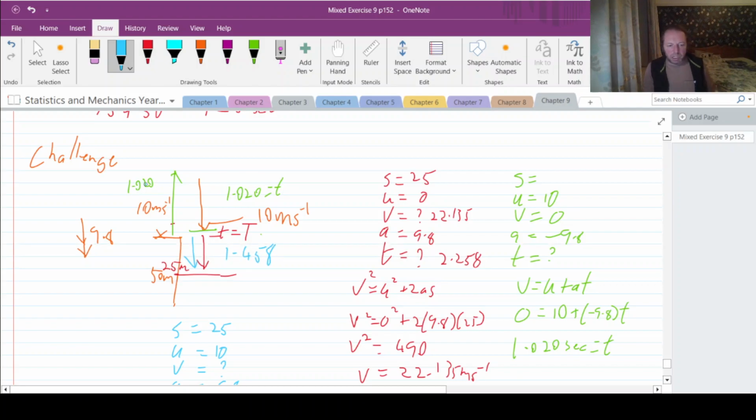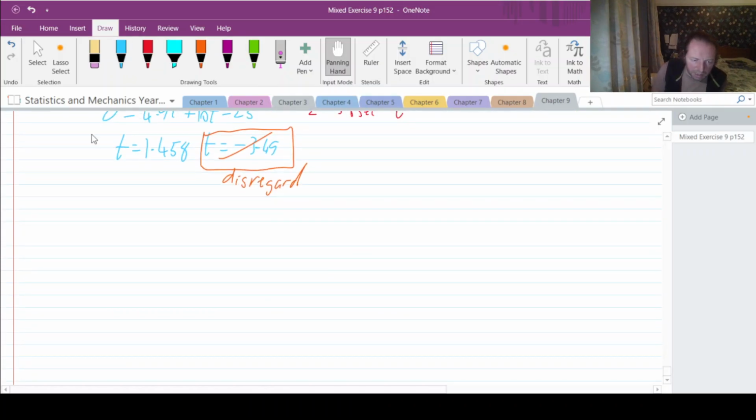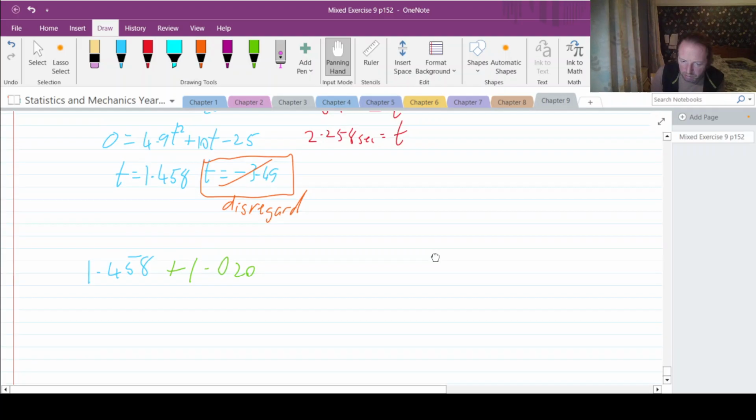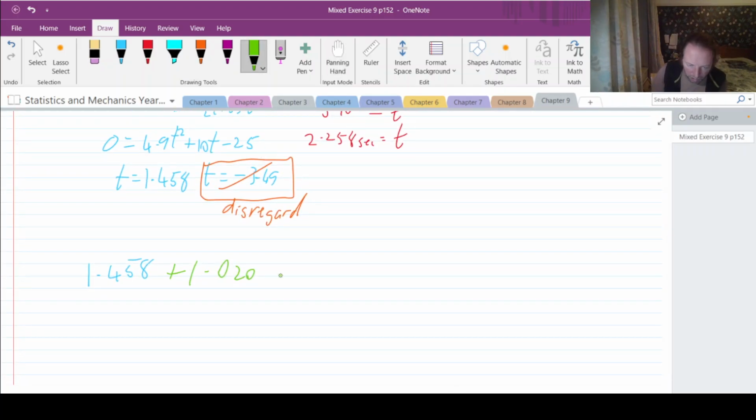So we've got the 1.02 and the 1.458. Altogether the first ball has travelled 1.458 plus 1.020, but it did that one twice.